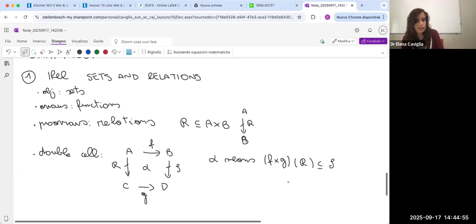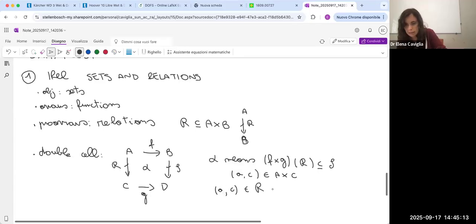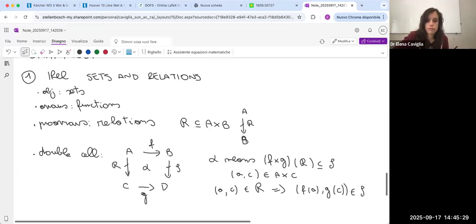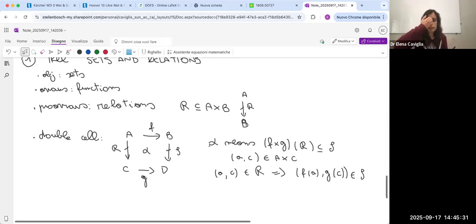So it means that if we take little a, little c in A cross C, so little a, little c is in R, this implies that f of little a, g of little c is in S. This is the property that we want. This is the double cell alpha.